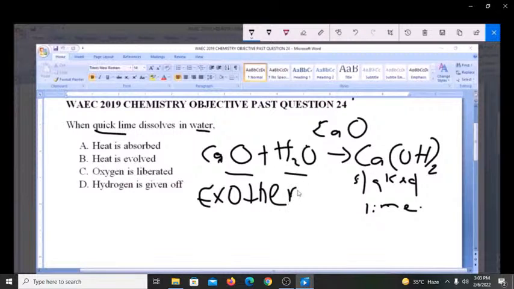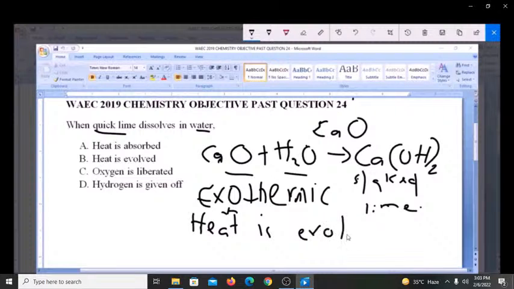It is an exothermic reaction. And an exothermic reaction is a reaction, simply put, where heat is evolved. Heat is evolved or given off in an exothermic reaction.